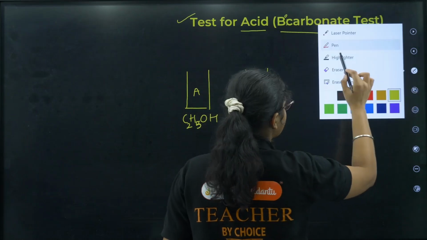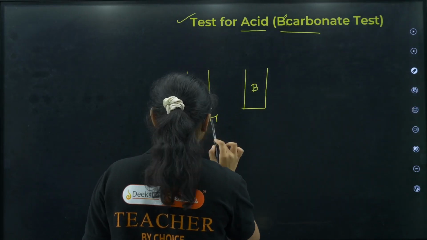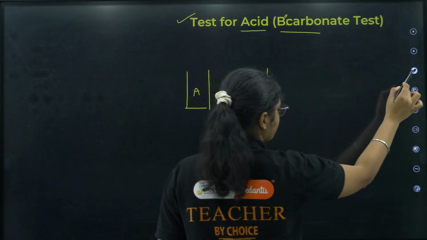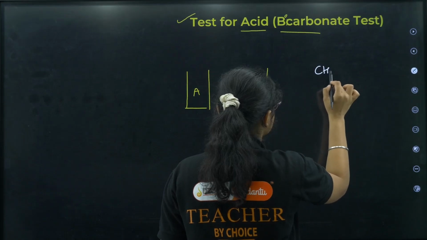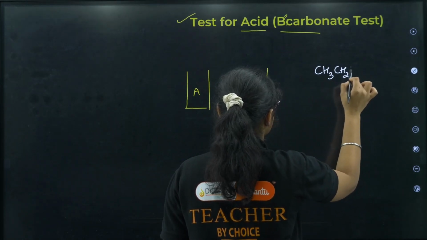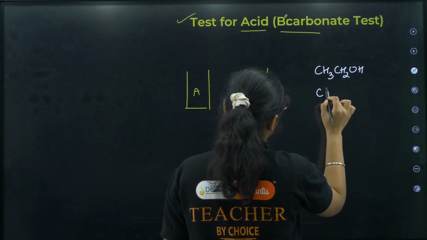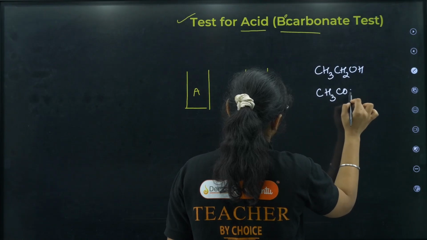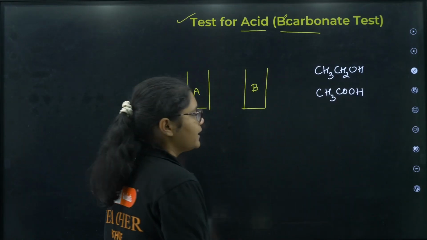It is not labeled, so we cannot put it like this, but we know that one has CH3CH2OH, which is ethanol, and another has CH3COOH, which is ethanoic acid.